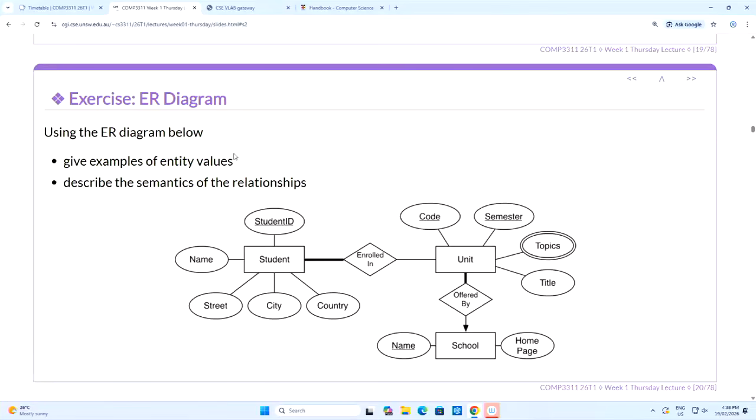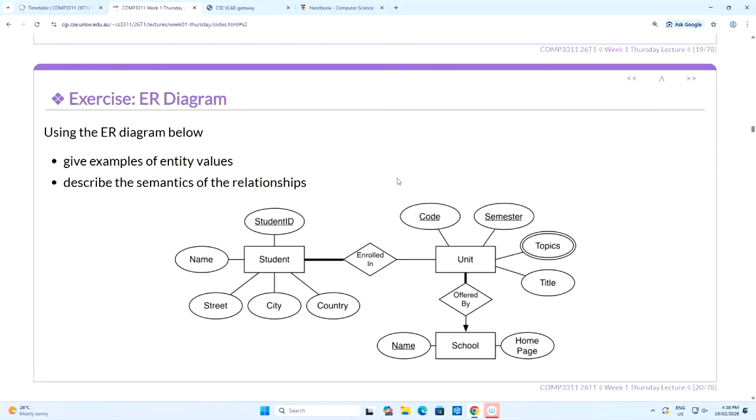So the example of this entity is Computer Science, School of Computer Science and Engineering, and then the CSE website. That's the example of the entity value. And a student could be Jerry, and then my ZID, and then Kingsford, Sydney, Australia.